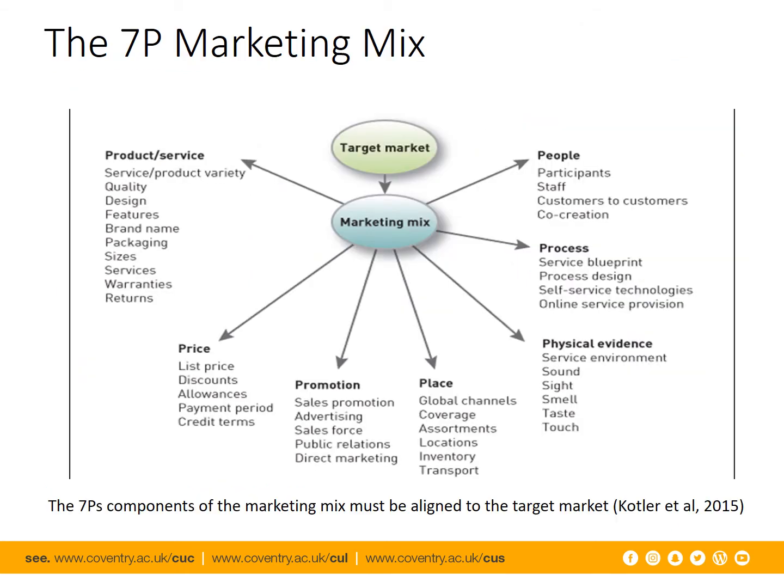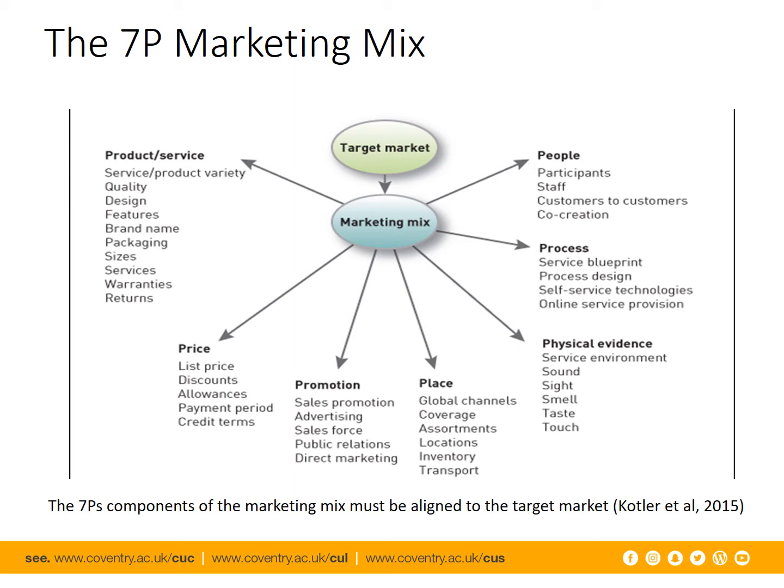And again, you say target market at the top. Well, I'm saying marketing strategy. And then you have your marketing mix, and again, the product. We're going to go into more detail in these anyway. What quality, what is the design, what are the features, what is the brand name. What about your pricing, list pricing, discounts, allowances, promotions, sales promotions, advertising.